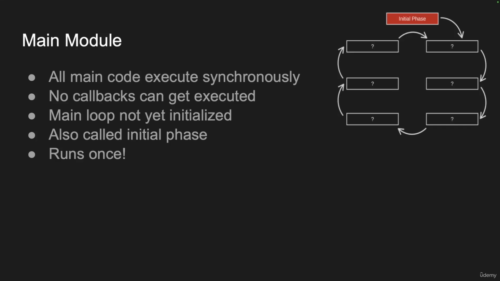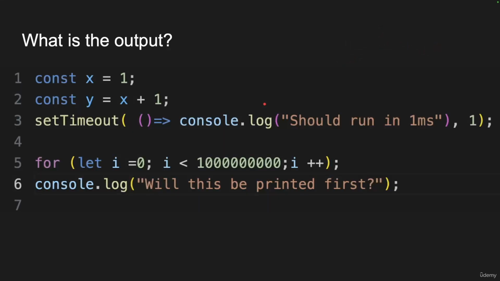Here, we're just going one by one, executing code linearly, synchronously. So no callbacks. The main loop is not initialized yet, as I talked about. This is also called the initial phase, and it runs only once.